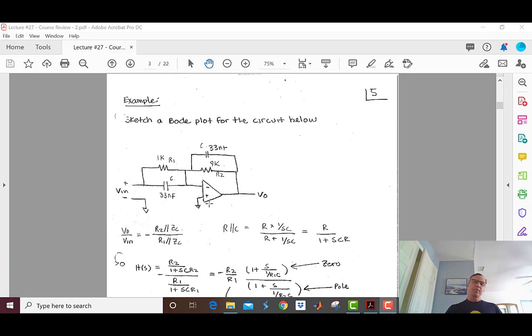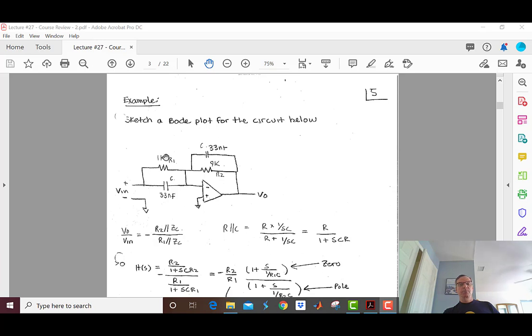I see an op-amp with the positive terminal grounded and the negative terminal feeding back to the output, and then the input goes into the negative terminal. So really, I have a clump of stuff here and a clump of stuff here. I'm going to call these Z2 and Z1, and I recognize that I have the inverting op-amp configuration.